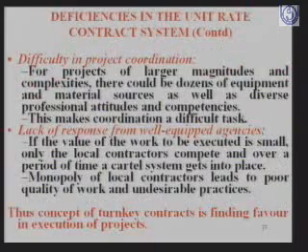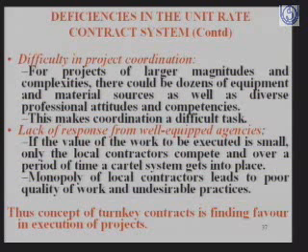Then there is a difficulty in project coordination. In the contract there are many authorities executing projects simultaneously, and it becomes very difficult for the utility to coordinate with them, because every agency will like to find fault with the other, saying, I am not able to execute the work because that work is not being done.